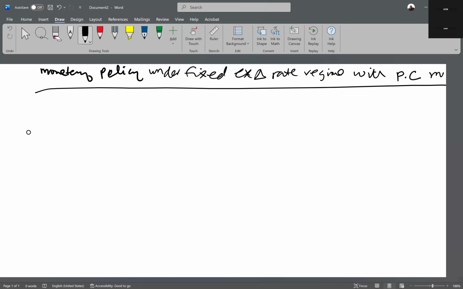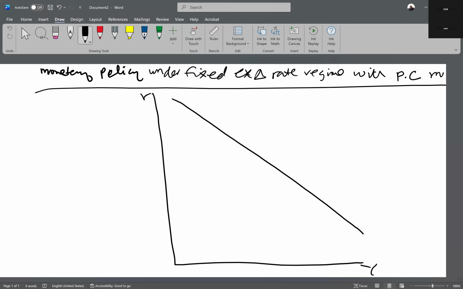So as usual, we have our curve. This is the y-axis. This is the interest rate axis. This will be our IS curve. This is our LM curve. Perfect capital mobility, so this is our BP curve.